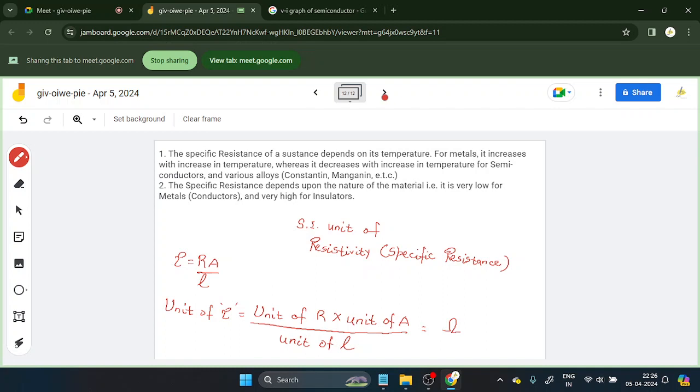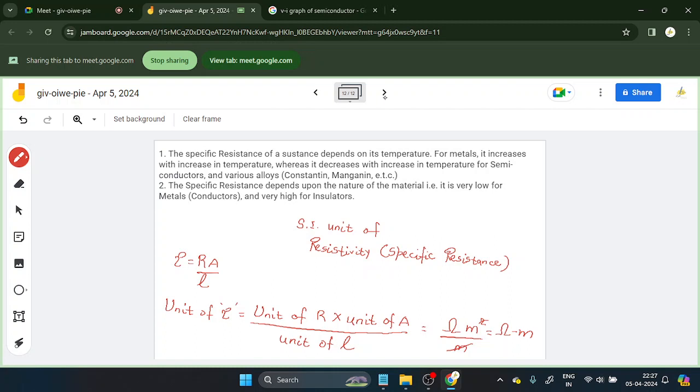Unit of area is meter square, and unit of length is meter. So meter and meter will cancel, and we will have ohm meter as the unit. Clear?